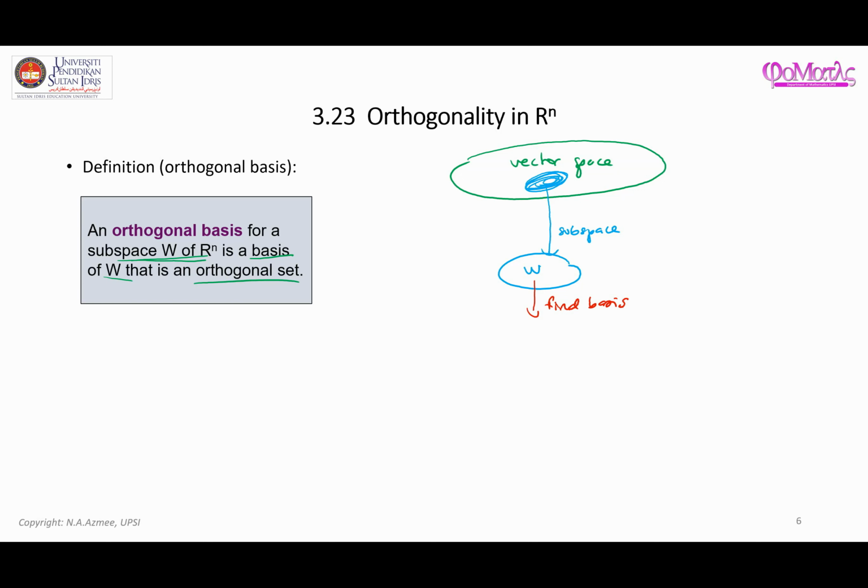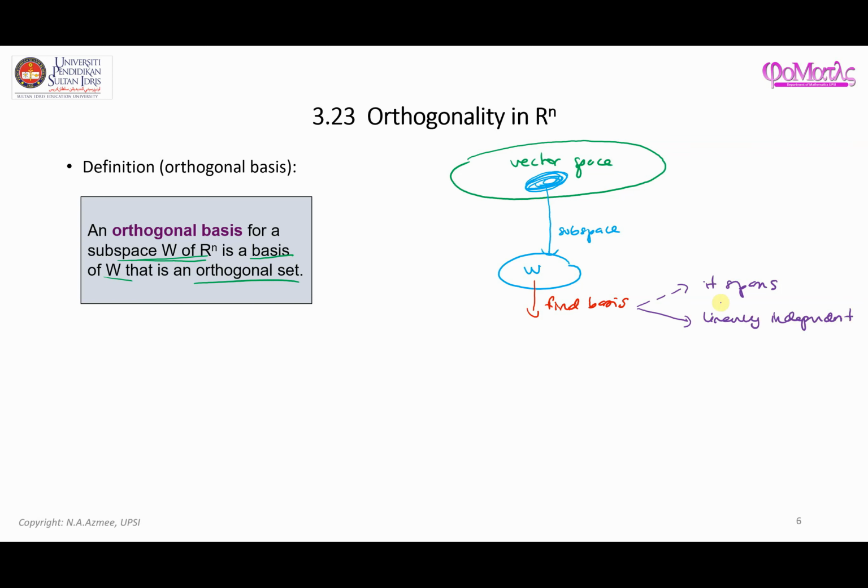So how do we find the basis? You have to make sure that the set we have here spans the vector space, and another one is that it is linearly independent.